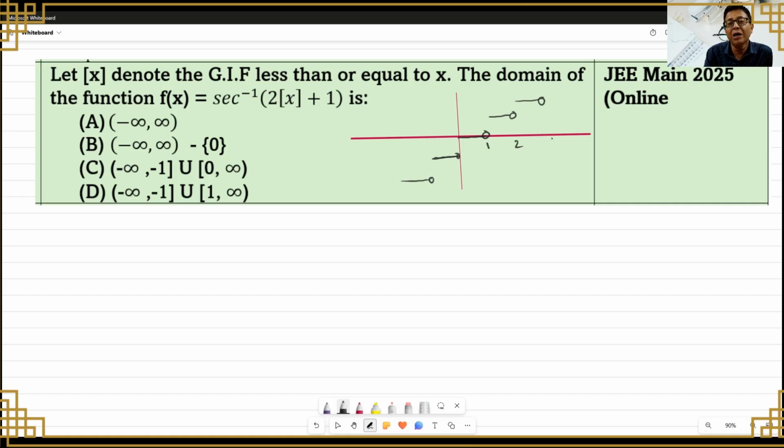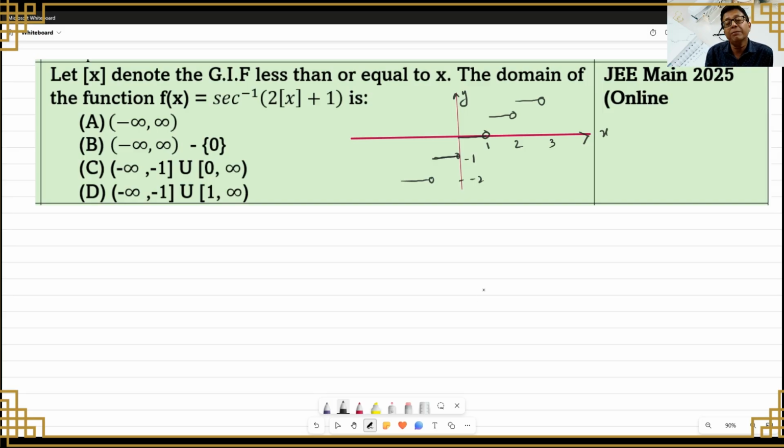So this is 1, 2, 3, and this is -1, -2, like that. Clear? What is the domain of this function fx equal to sec inverse 2 modulo x plus 1?